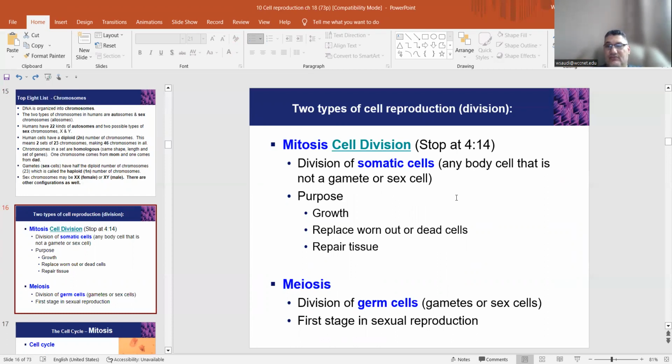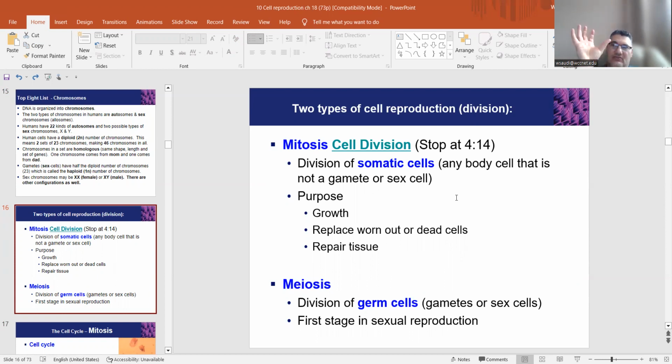Well, to answer this question, I have to ask you another question. Which cells are you talking about? In the first slide, we said reproduction can be from the body cells, the autosomes, any cell in the body. One gives you 2, 4, 8, and so on.